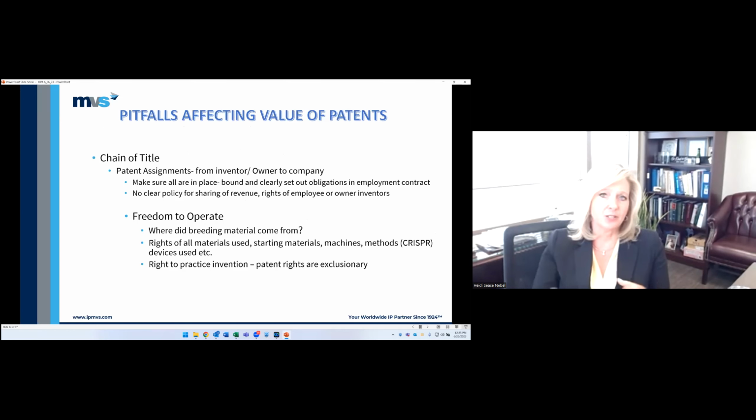Some of the pitfalls that people run into with patenting varieties is: where did we get the germplasm from, the original germplasm, and did we have the rights to breed with that, so that any resultant varieties can be patented? That is something that we always need to look into.